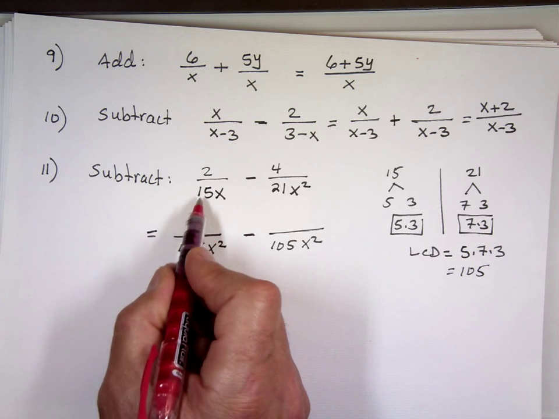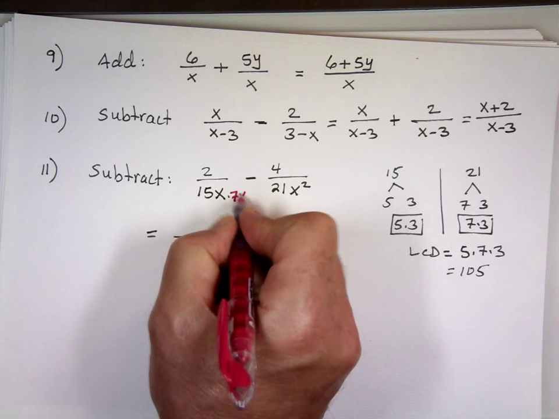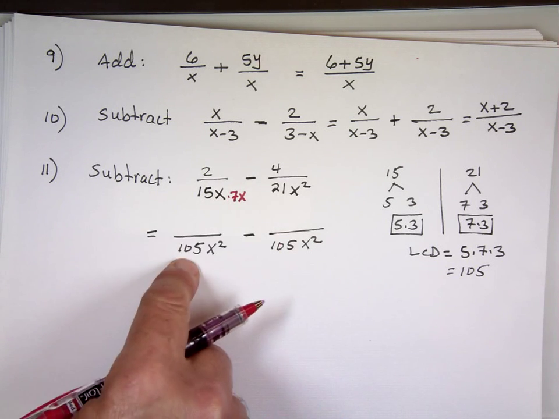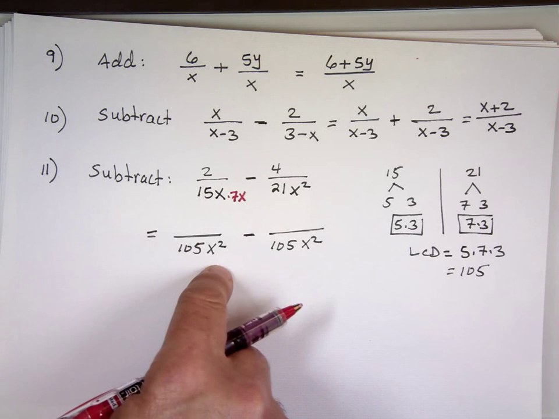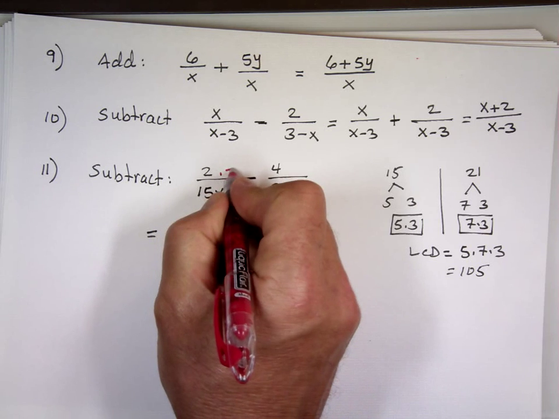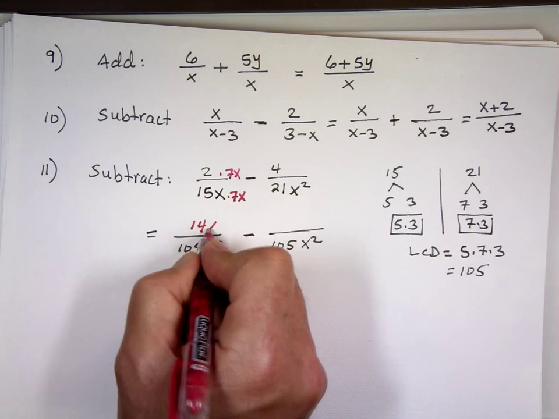Notice 5 times 3 is missing the 7. I need to multiply it by 7 and 1x, because 7 times 15 is 105, and x times x is x squared. So if I multiply the bottom by 7x, I've got to multiply the top by 7x. What's 2 times 7x? 14x.